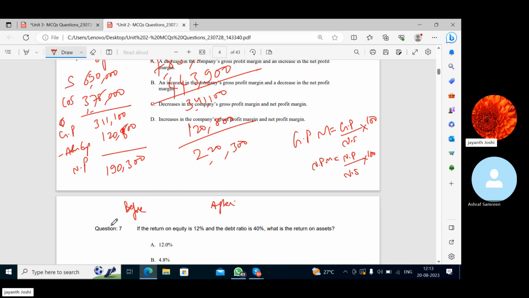Okay. So gross profit margin, net profit margin. Easily we can do a comparison.